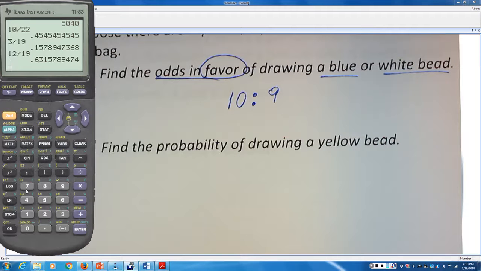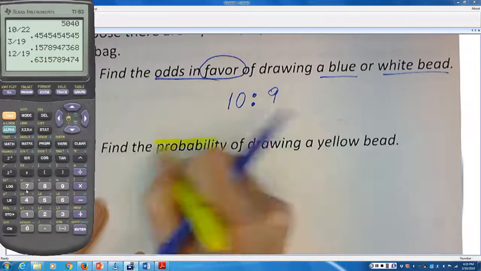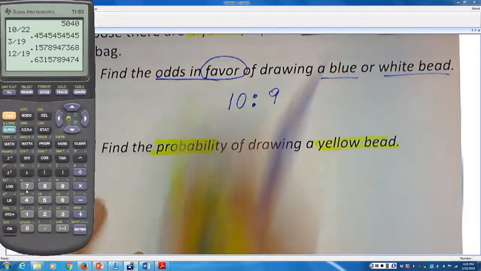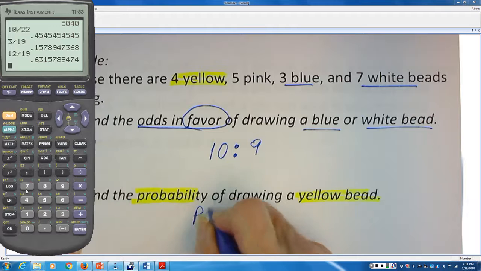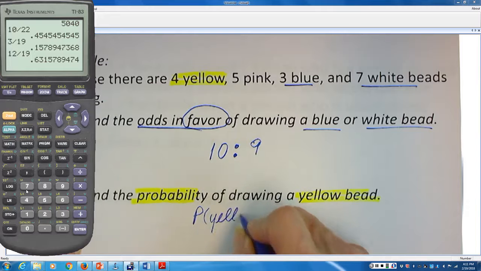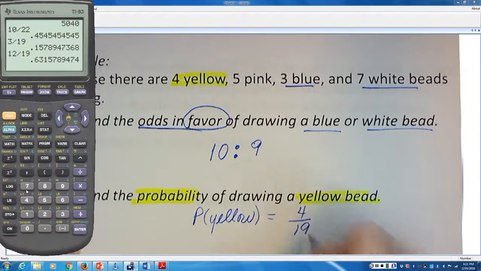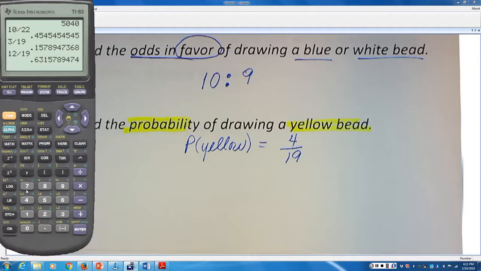And then we're back to probability. Find the probability of drawing a yellow bead. And there's 4 yellow. So that's 4 over 19. Which is 0.2105.